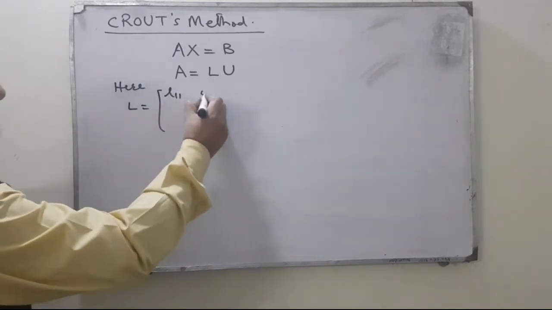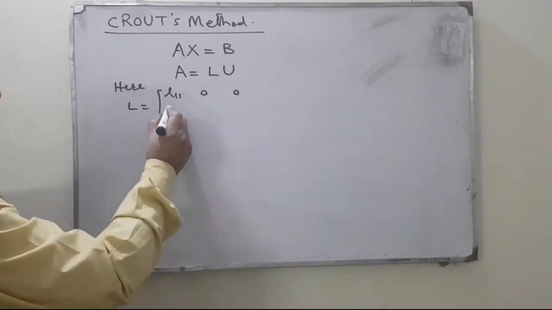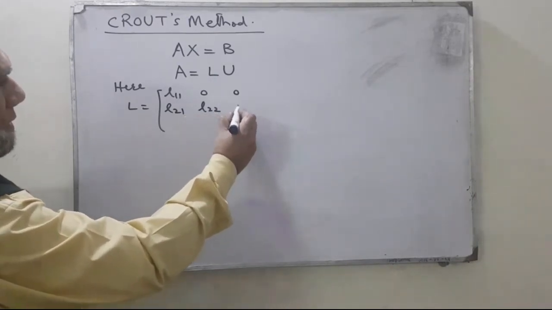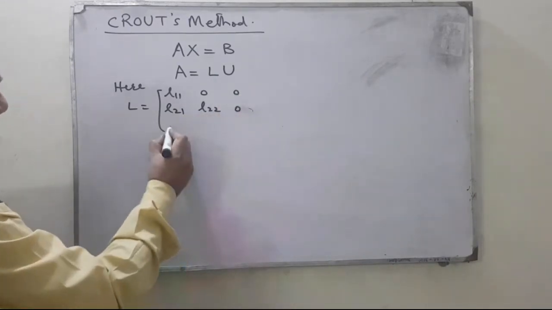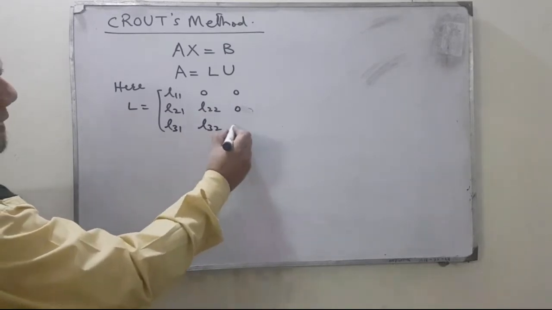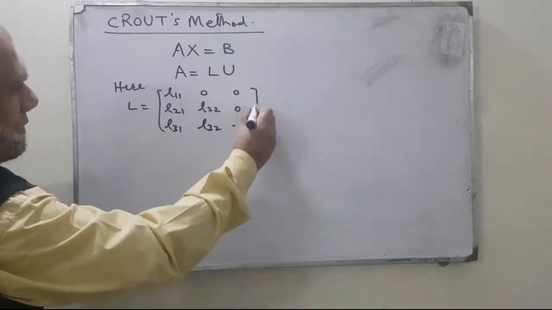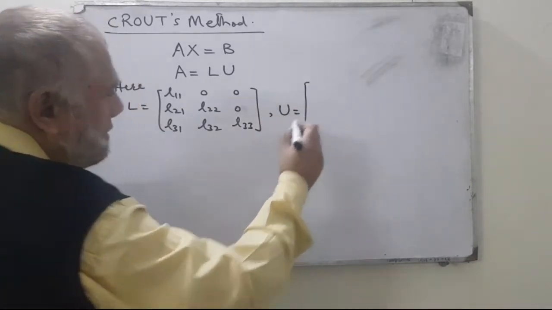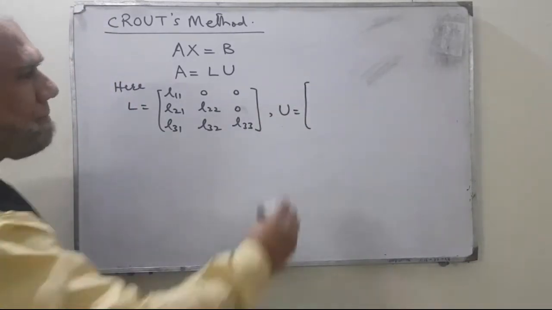So here L is not unit lower triangular. It is a simple lower triangular matrix: L11, 0, 0, L21, L22, 0, L31, L32, and L33. And U is a unit upper triangular matrix.